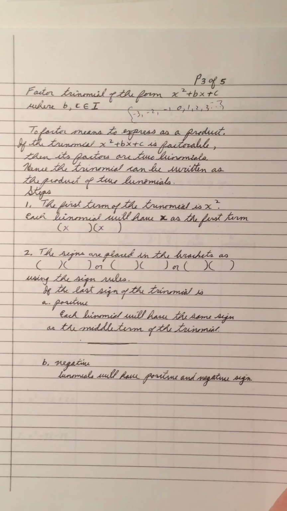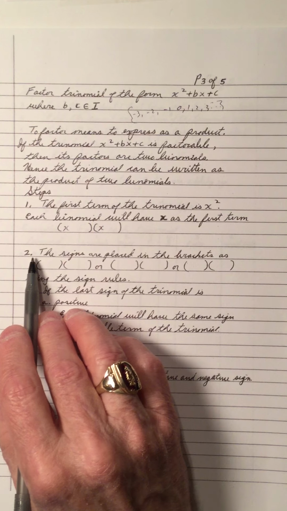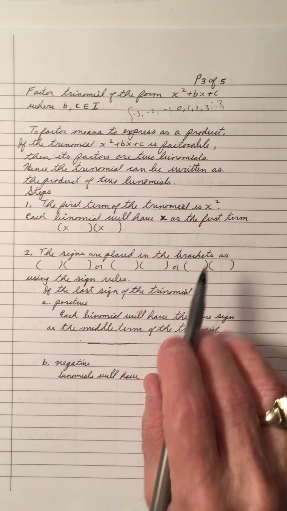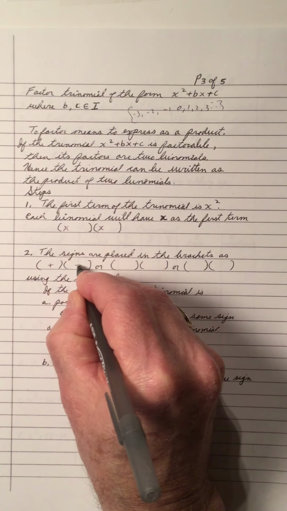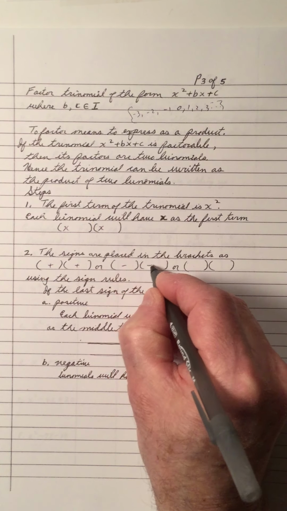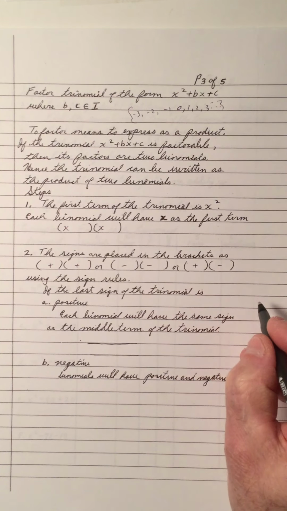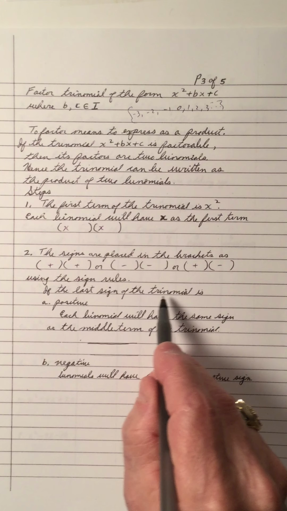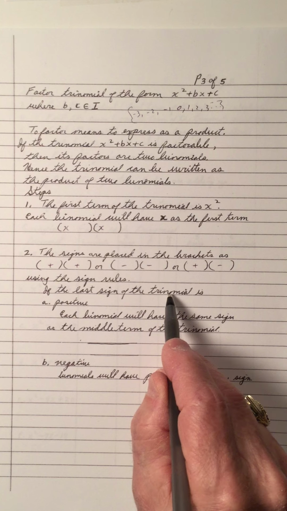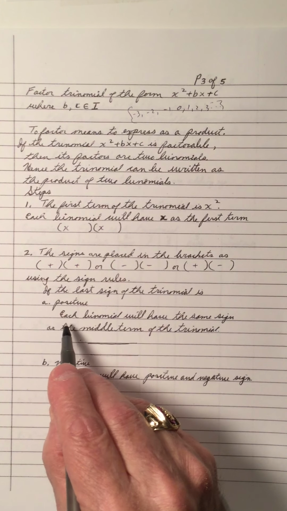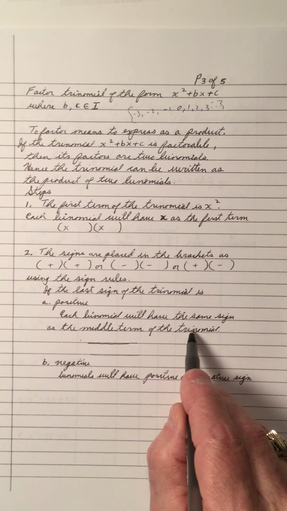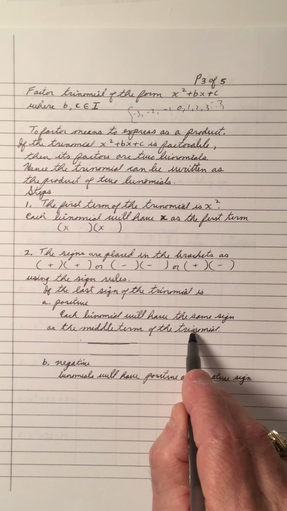So that starts it. My second step: the signs are placed in the brackets. You'll either place 2 pluses, 2 minuses, or a plus and a minus, and we'll use the sign rule. If the last sign of the trinomial is positive, each binomial will have the same sign as the middle term of the trinomial.